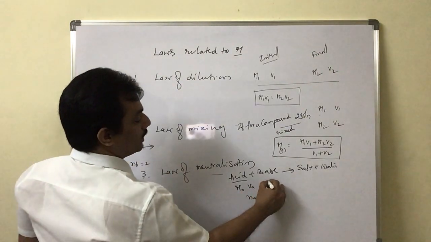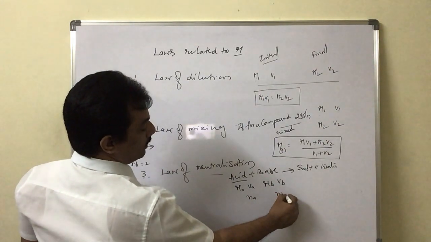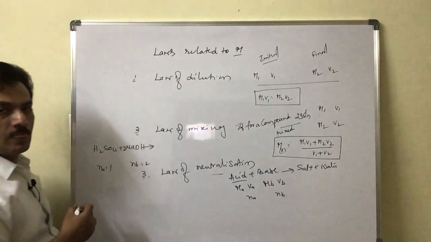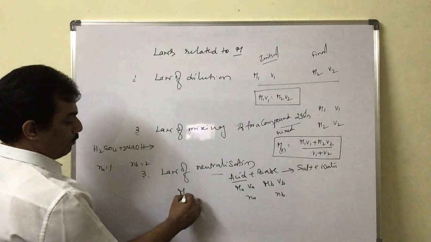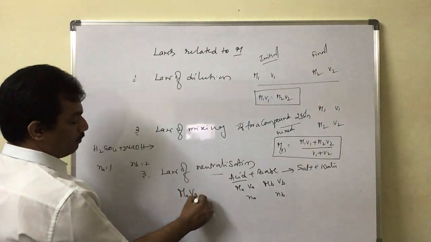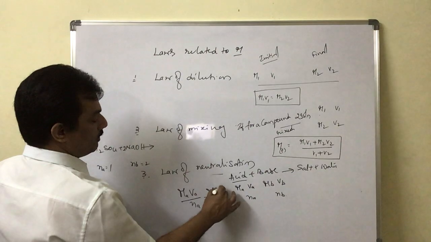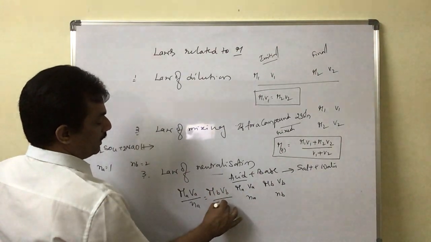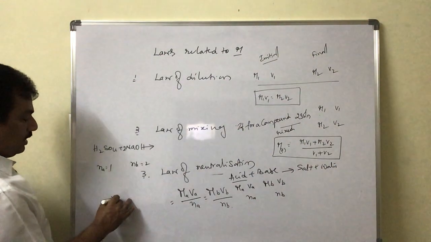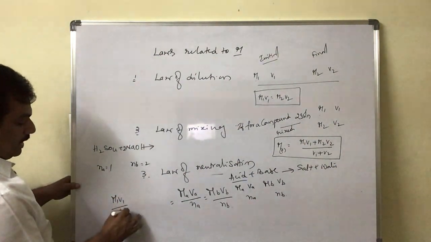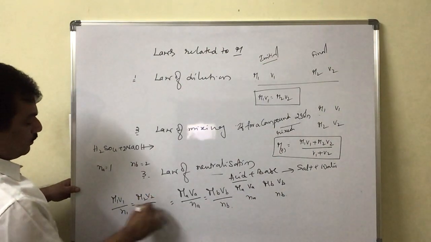So here Mb, Vb are the molarity and volume of base, and Nb. Then as per the law of neutralization, MaVa by Na is equal to MbVb by Nb. This is also given as M1 V1 by N1 is equal to M2 V2 by N2.